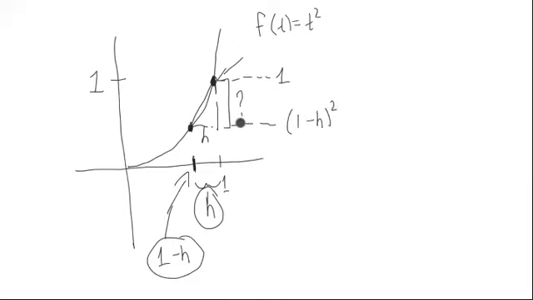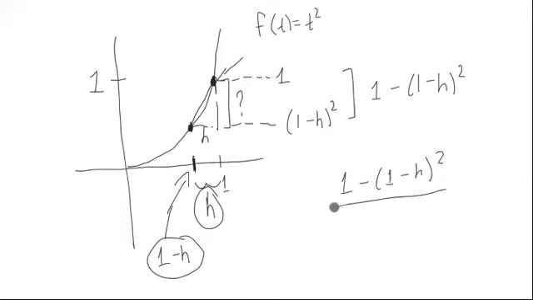So what is this distance? It's just the difference of y values, this minus that. So we could write down 1 minus h quantity squared, all over h. We can picture that this is equal to an average rate of change over an interval from 1 minus h all the way up to 1.